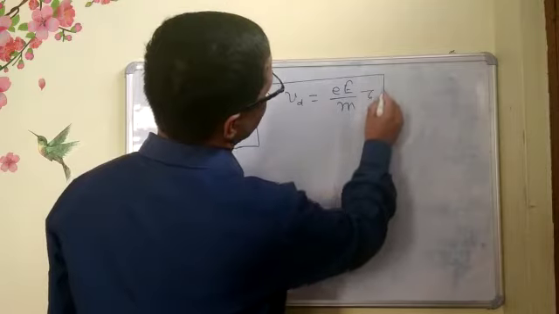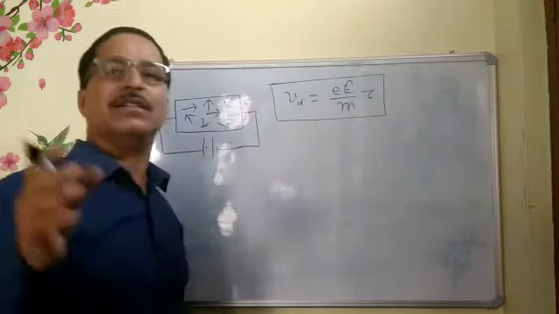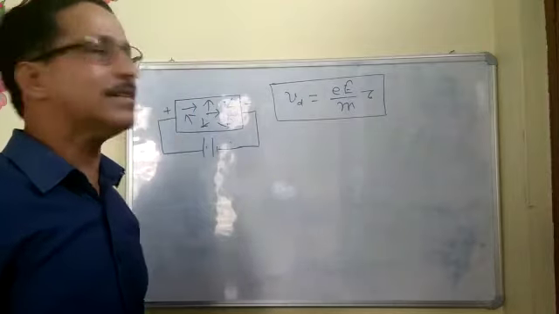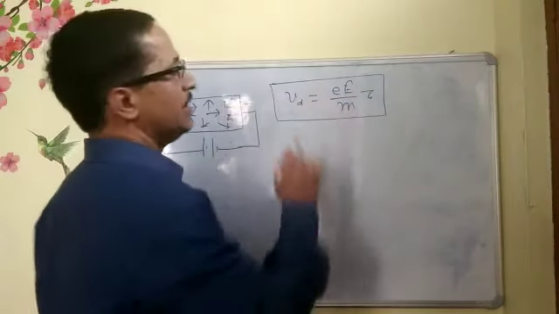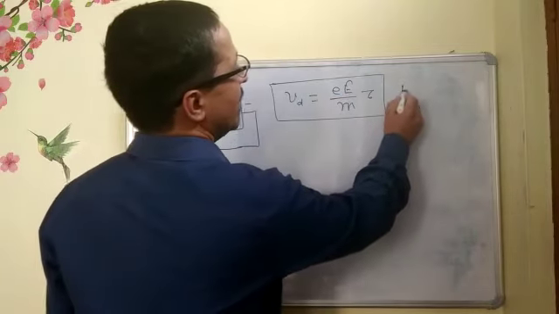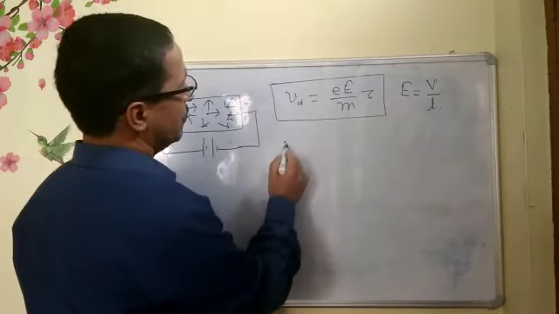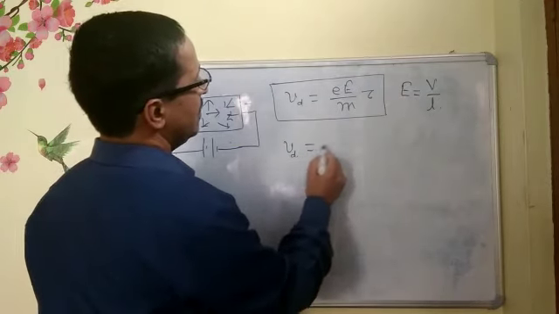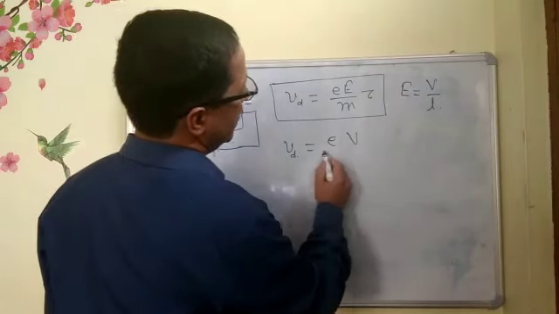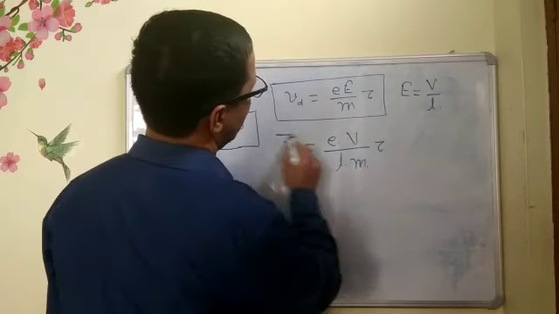This is the expression for drift velocity in terms of the electric field in the given metallic conductor and relaxation time of electrons. If I replace E by V upon L, I get vd equal to e into V upon L into m into tau.